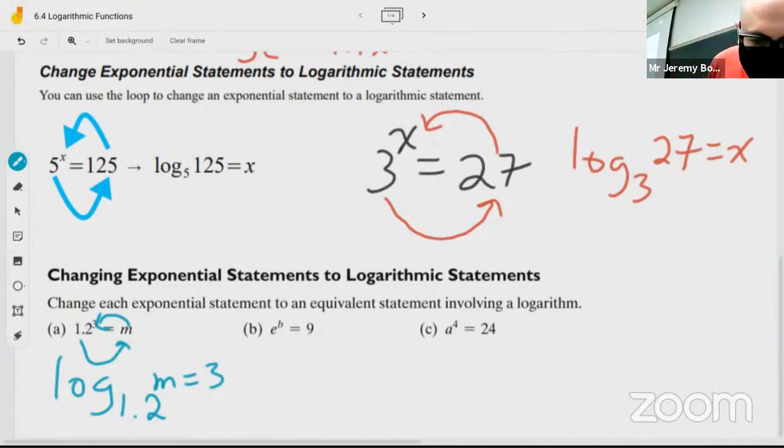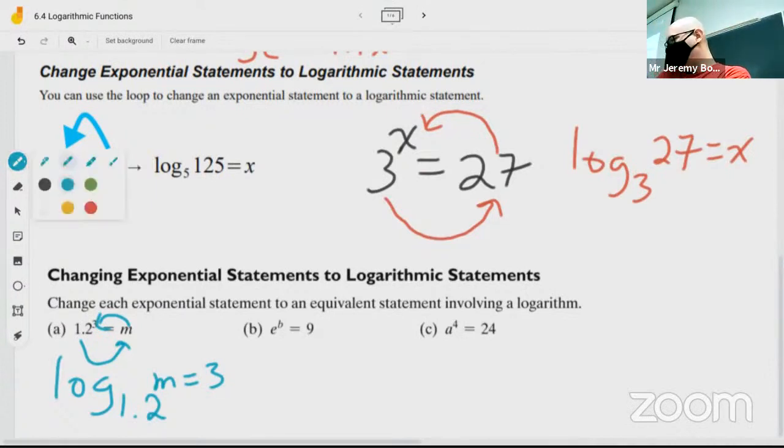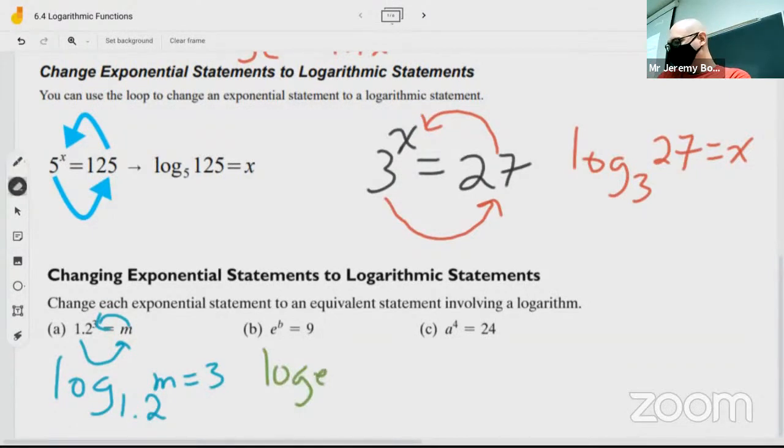Anybody still doing them? All right, so for B, what's the base for B? E. So we're gonna have log base E of 9 is equal to B, which means we can rewrite that now as what?